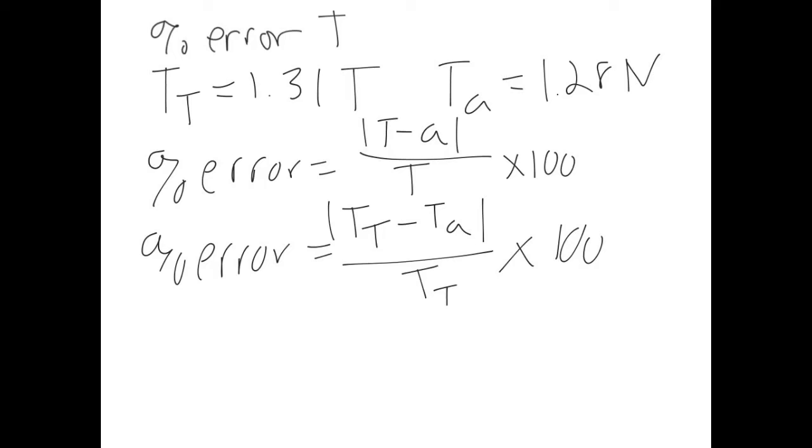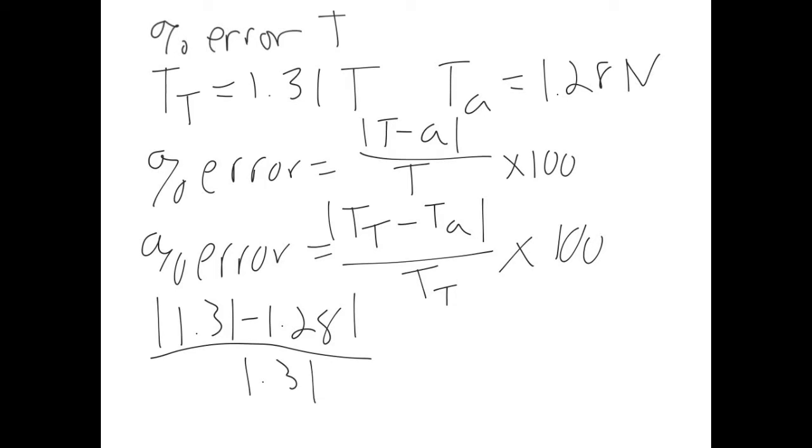So we can plug in our values now, and we'll get 1.31 minus 1.28, remembering our absolute value symbols, over 1.31, and then this will all be times 100, which we can just know offhand is 2.29% error, which means that because the theoretical value is greater than the actual value, our theoretical value is 2.29% larger than our actual value from our experiment, which again makes sense because we're not taking into account other factors like friction or air resistance, which may play a part in the movement of the Atwood's machine that we ignore with our theoretical calculations.